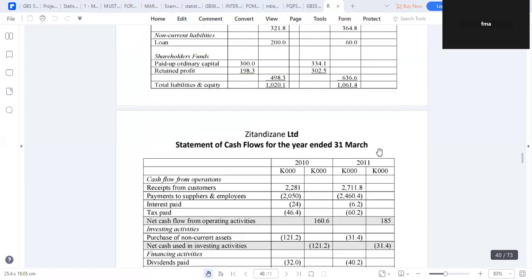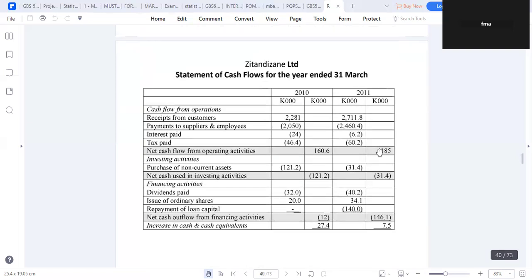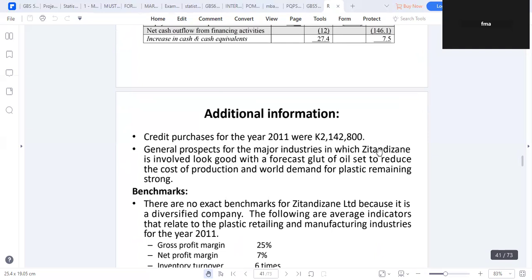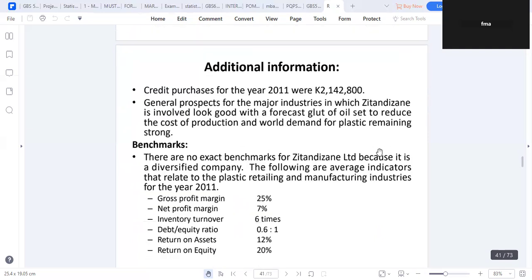This is our cash flow statement. The additional information is that purchases for the year were 2 million, and the general prospects for the major industries Zeni is involved in look good, with the forecast of oil set to reduce the cost of production and the world demand for plastic remaining strong.